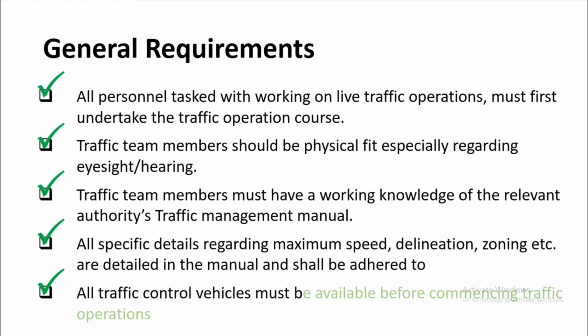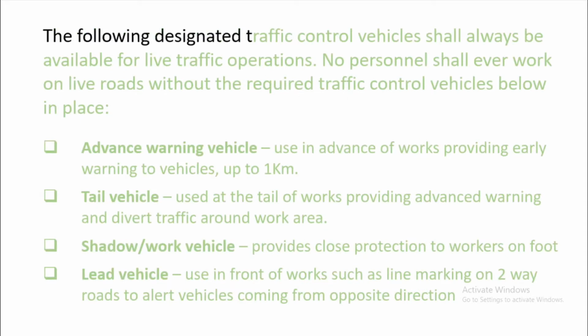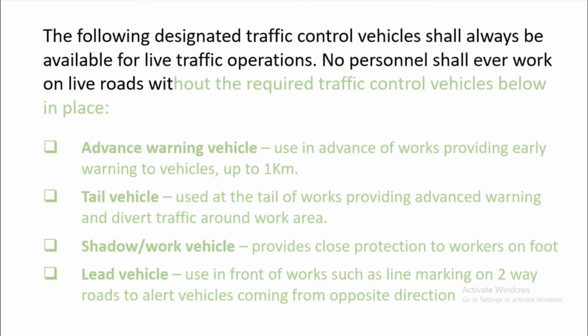All traffic control vehicles must be available before commencing traffic operations. I will discuss what those traffic control vehicles are. The following designated traffic control vehicles shall always be available for live traffic operations.